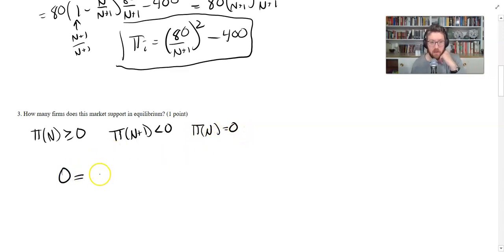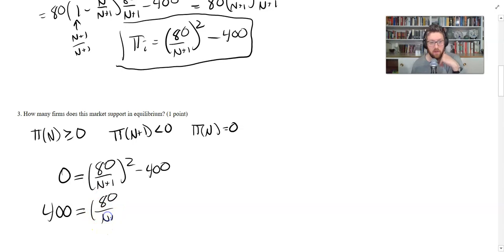If we have 0 equal to 80 over n plus 1 squared minus 400, we can rewrite that as 400 equals 80 over n plus 1 squared. Take the square root of both sides, and we get 20 equals 80 over n plus 1.